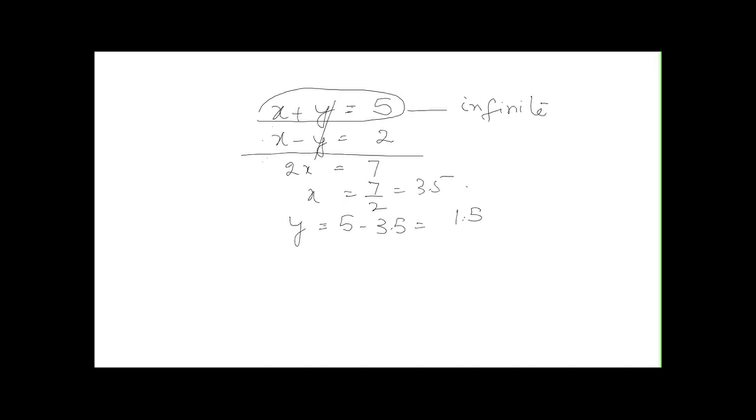Okay. Now let us check some more. Now supposing I give you this equation: x plus y equal to 7, 3x minus 2y equal to 11. Can you find out x and y?